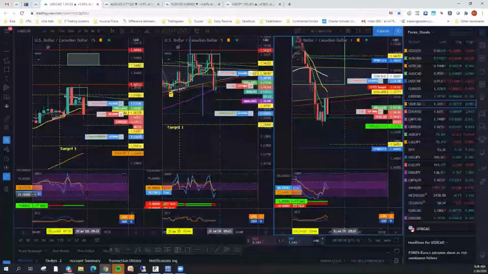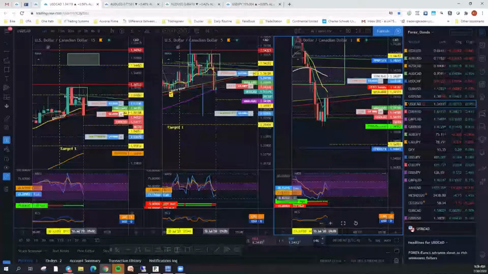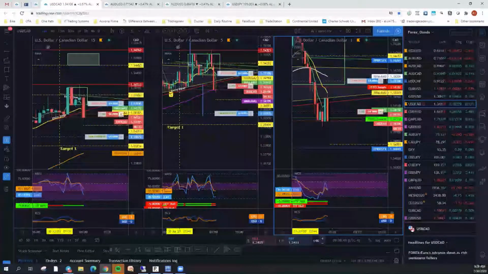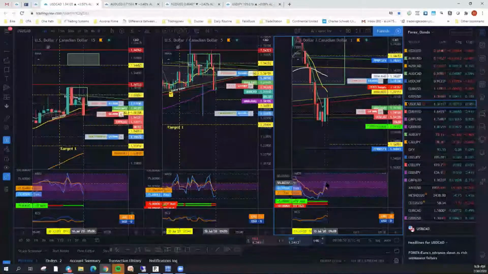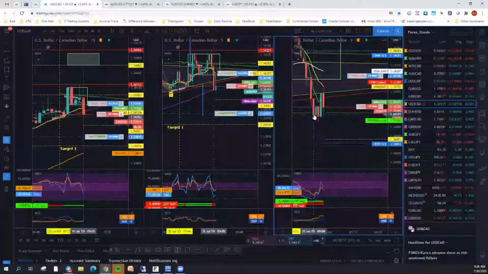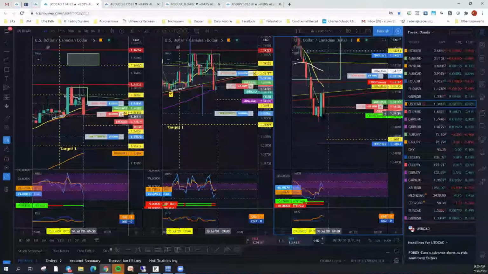Everything's still pointing down on the 15. We'd still like to see 3 red. You can see where it came down past the green, checked it, came back up. Now it's rechecking this green line again.